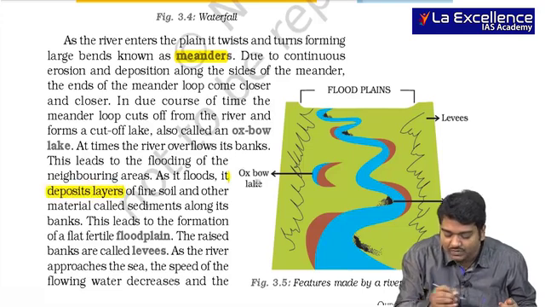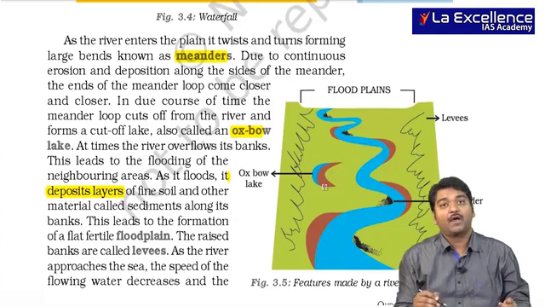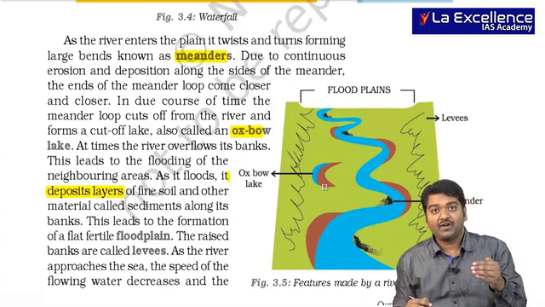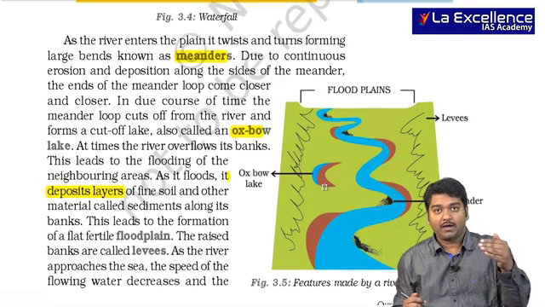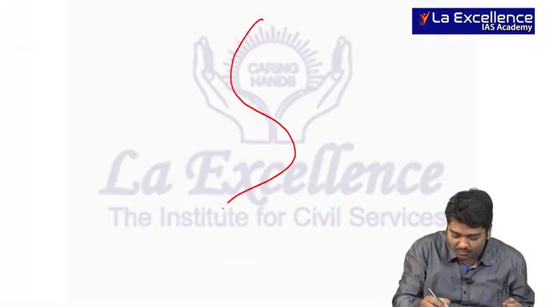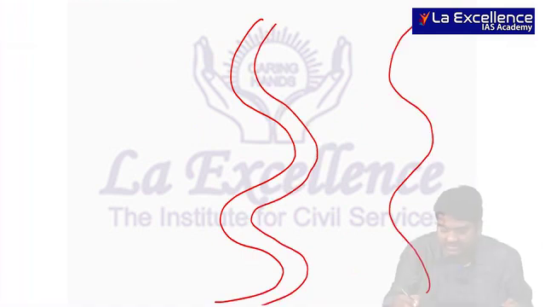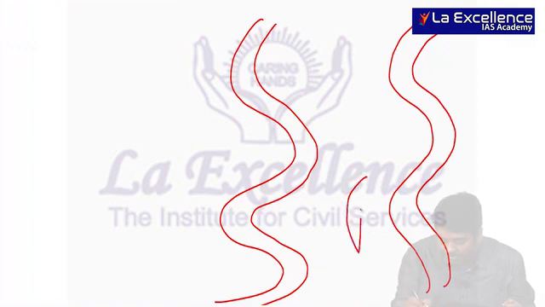Can you see the Oxbow Lake here in the picture? Oxbow Lake. What is the meaning of this? Oxbow Lake is one where the river was moving like this. Okay. Now it started moving like this and this portion was left. How? I'll explain in detail because it requires good pictures to help you analyze.